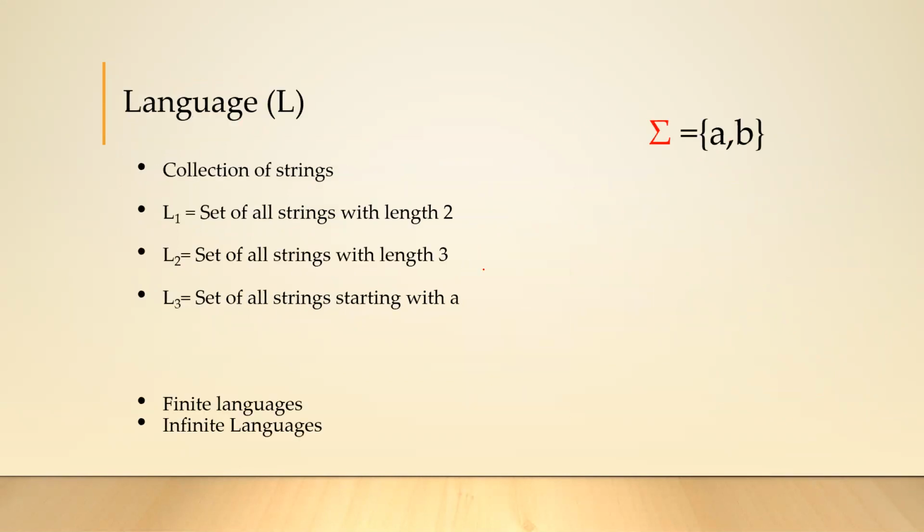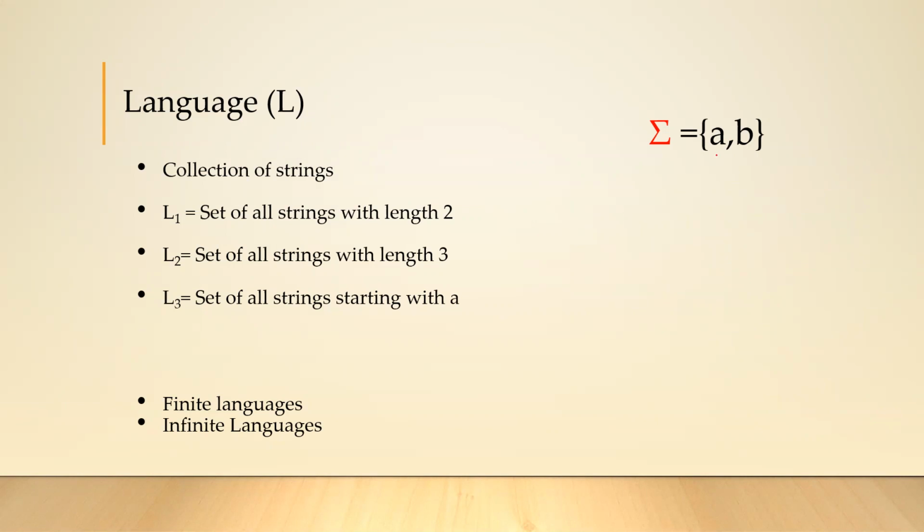Now let's go into the most important thing called languages, L. Languages are always denoted by a capital letter L. You simply give L, or you give L1, L2, L3, and then you give any name. But normally you have that letter L over there. Now, a language is nothing but a collection of strings.